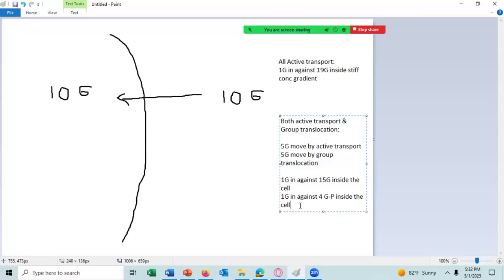The point is it's much easier moving the glucose from outside the cell to inside the cell if the cell splits it into using both active transport and glucose 6 phosphate. Any question about any of that?